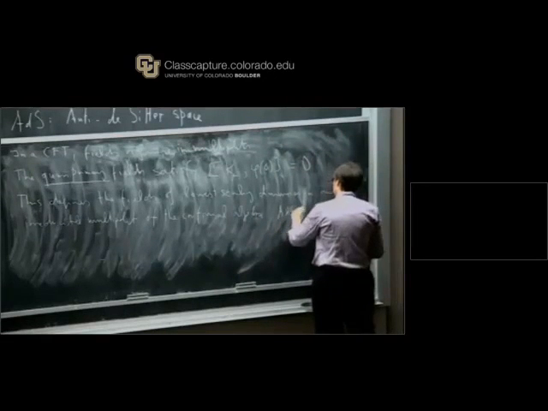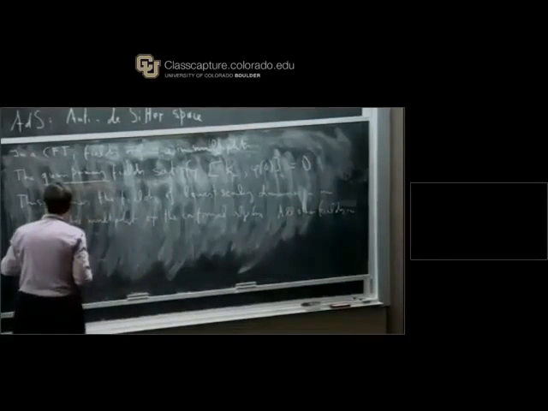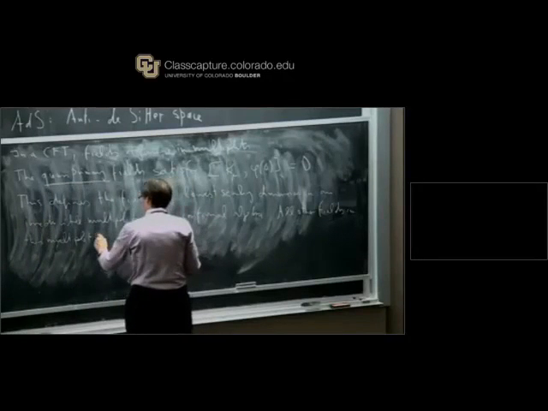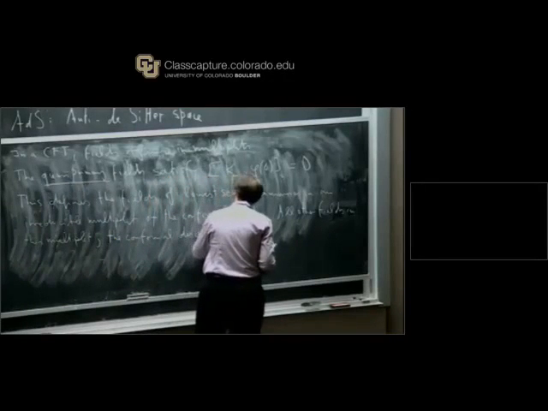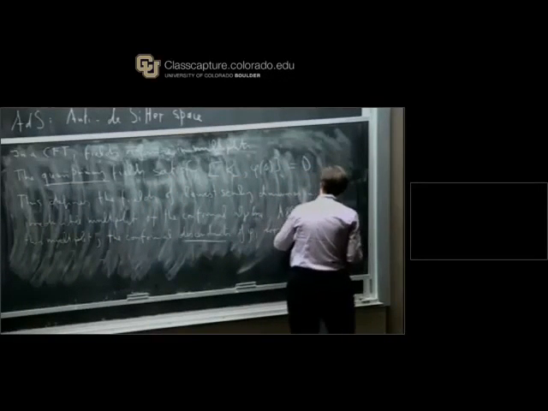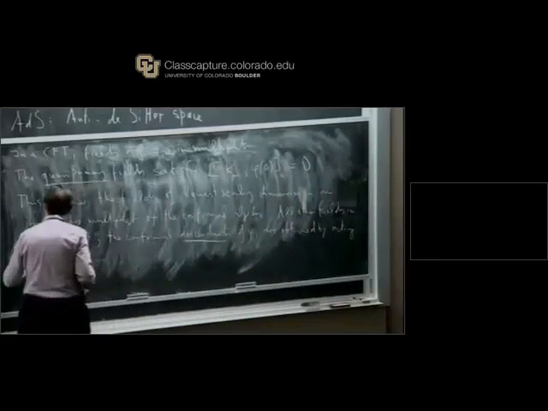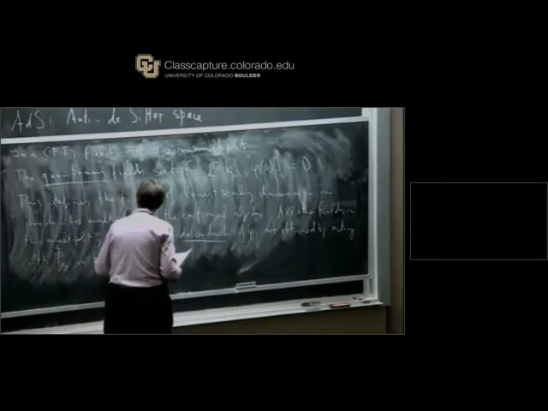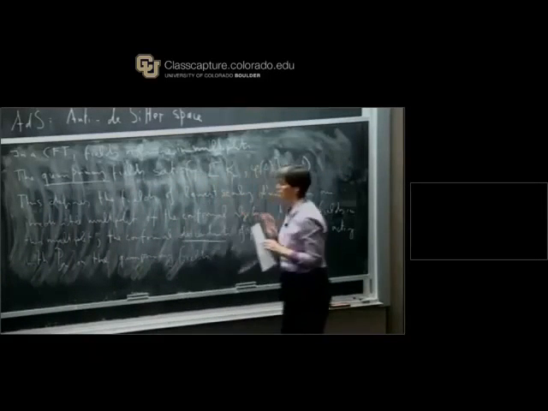So all other fields in this multiplet, which are called the conformal descendants of phi, are obtained by acting with the operator P_mu on the quasi-primary field. Okay, and so you have this multiplet structure, and this will be very important.